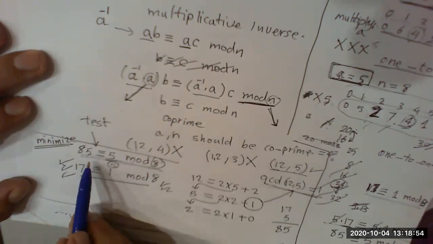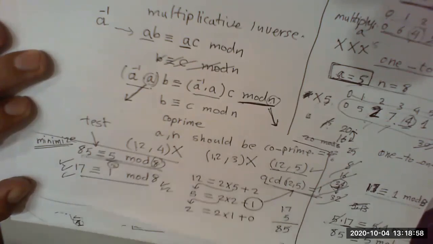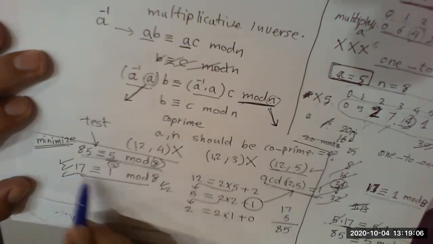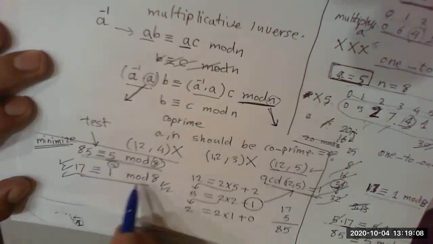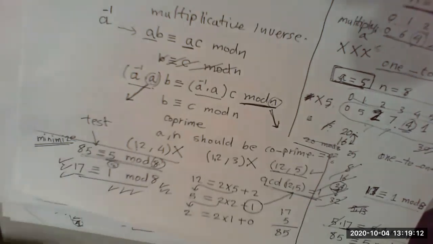Why is it working? Just because 5 and 8 are co-prime together. They don't have a common divisor. So I can minimize this to be 17 is congruent with 1 mod 8. And this is the answer. There is no more minimization than this. Okay, this is an example.